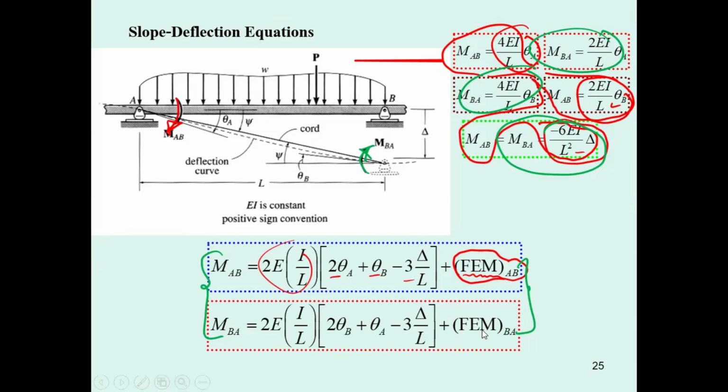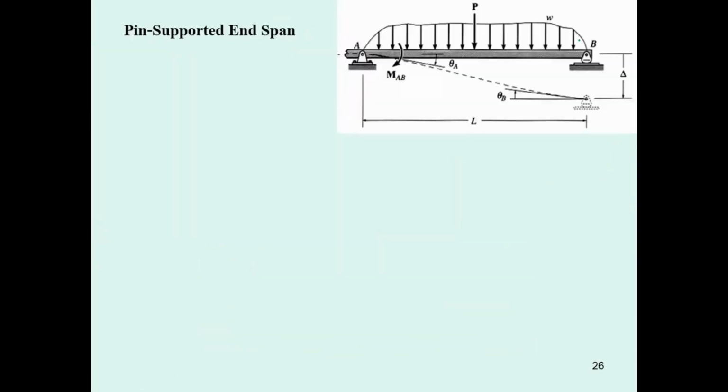Now we have a special one, that's going to be the far end pin or roller. What's going to be special about this one? We are going to have the moment over here, M sub BA. Since this is a pin, M sub BA is 0.